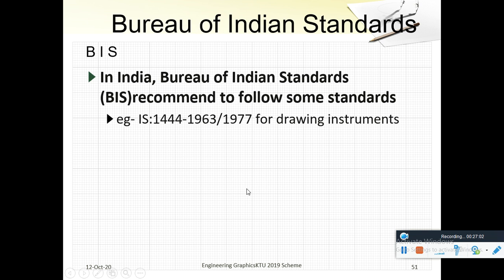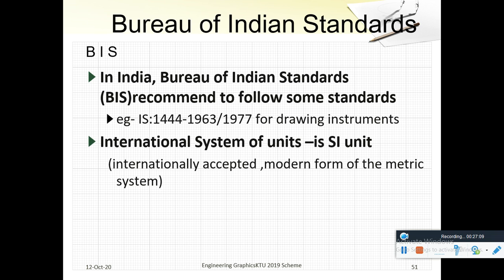Bureau of Indian Standards, International System of Units and SI units. Now all over the world there is an internationally accepted system for marking dimensions, drawings, etc. In India, the Bureau of Indian Standards recommended many standards for different purposes.